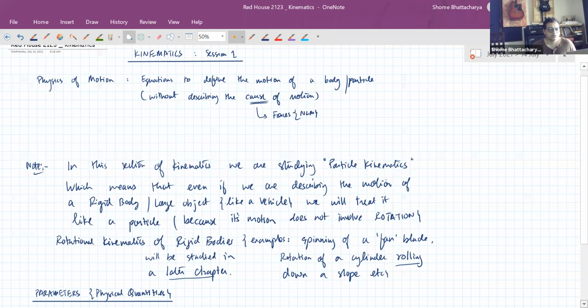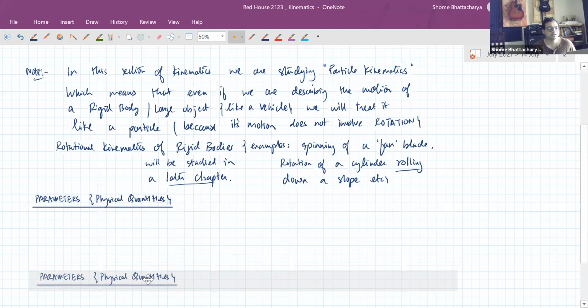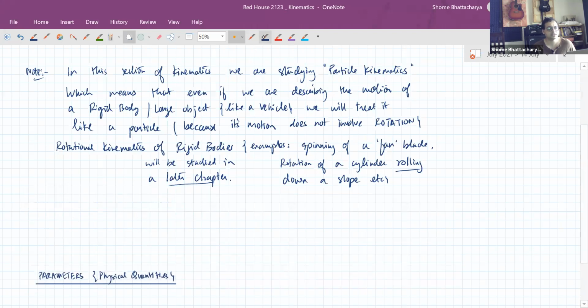Okay. So just finally one more thing. When the motion is of this type, that there is no spin or rotation involved, it is given a technical name and it is called pure translation.